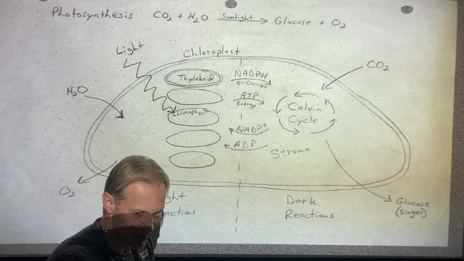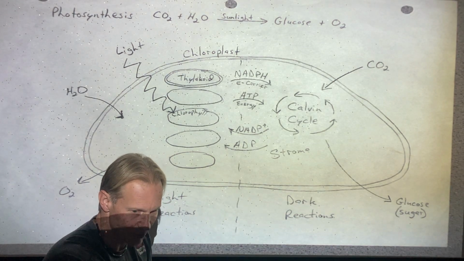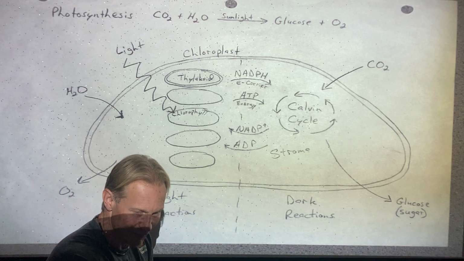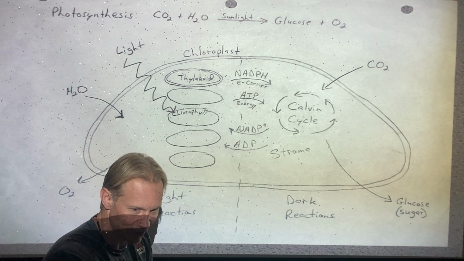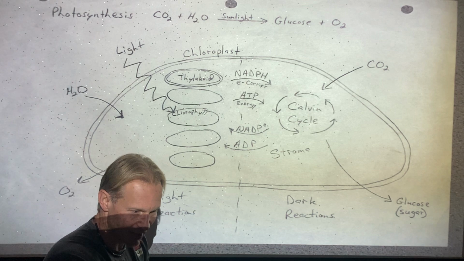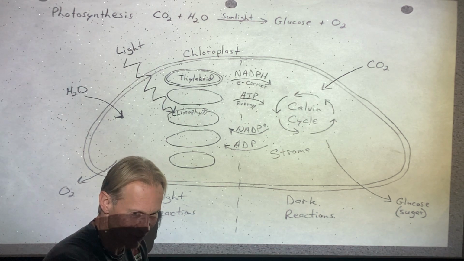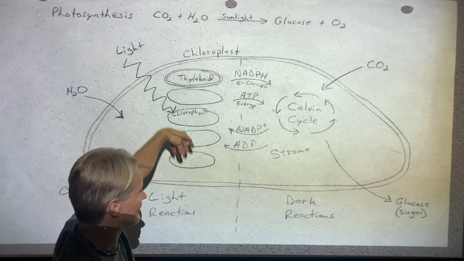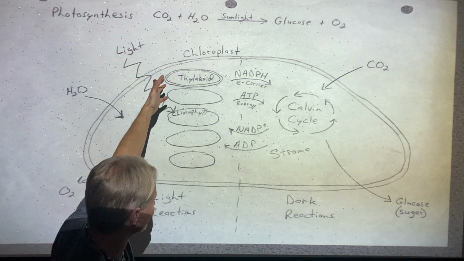The colors they're actually using are the reds and the blues, which is kind of interesting, isn't it? We could do an experiment where we set up different wavelengths of light, different colors, and try to see which ones the plants could use to do photosynthesis, right? They're not using the green light. The green light's just getting reflected off. That's why they look green.